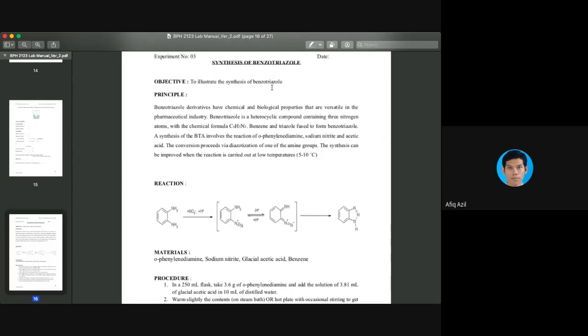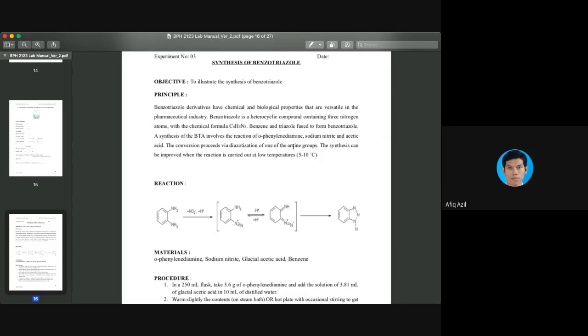So if you have nitrogen, normally you add the prefix aza. So triazole. Benzo refers to the benzene ring itself. So normally the benzotriazole derivatives will have chemical and biological properties that can be utilized in pharmaceutical applications.